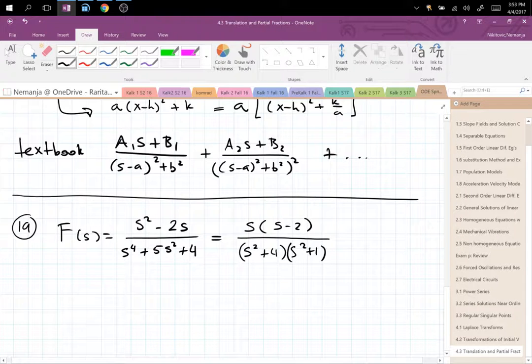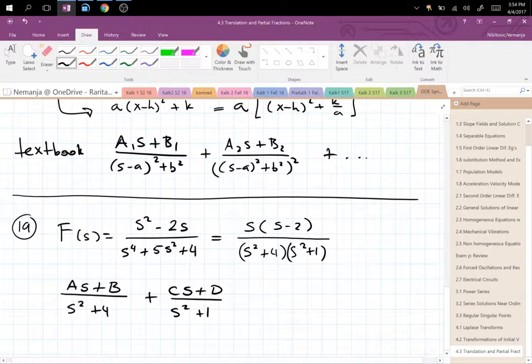And because they both have pluses, we have to take care of them using the following setup. A s plus b divided by s squared plus 4 plus c s plus d divided by s squared plus 1.